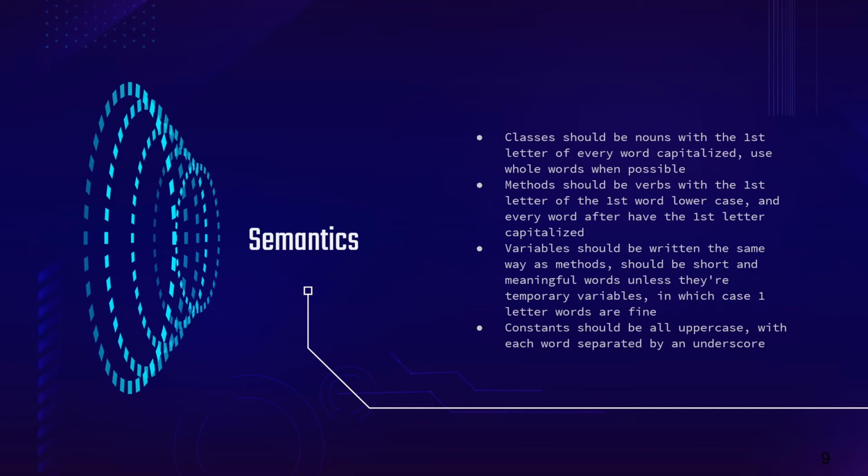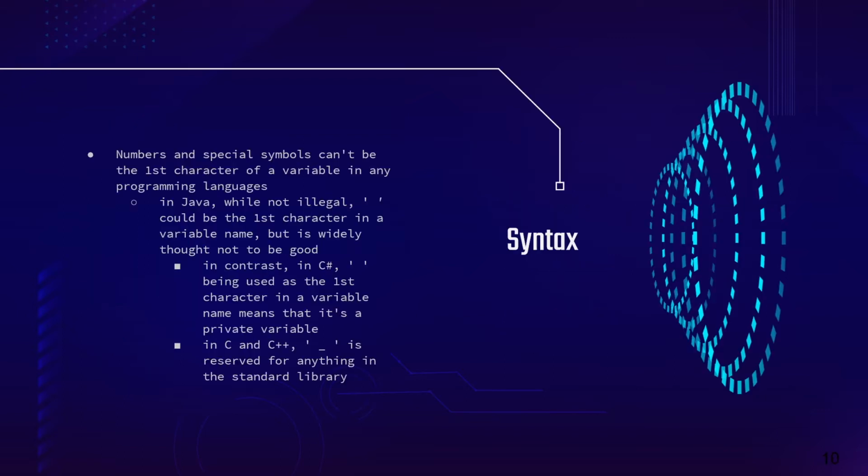And constants should all be uppercase, with each word separated by an underscore. Again, these are technically not incorrect if you do something else, but I wouldn't recommend it. Once you get into your own style, sometimes people use an underscore at the beginning of their variable name if it's going to pop up a lot. But we might run into some issues with that for C++.